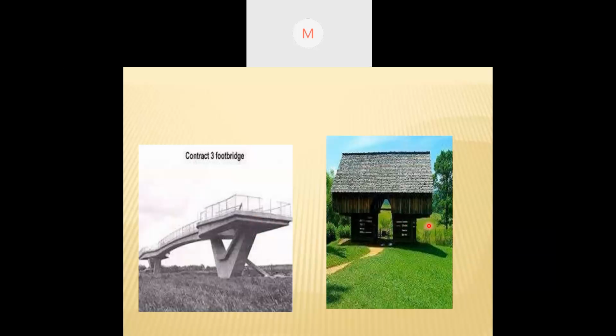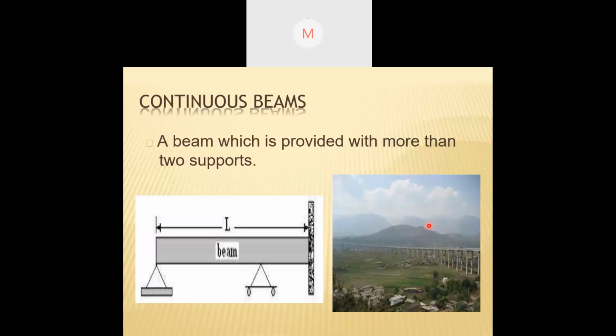Now we go to the next one, which is called a continuous beam. In this continuous beam, if you see here, this is a continuous structure, right? Here there are multiple supports: one, two, three, four. So this is basically an example of a continuous beam.